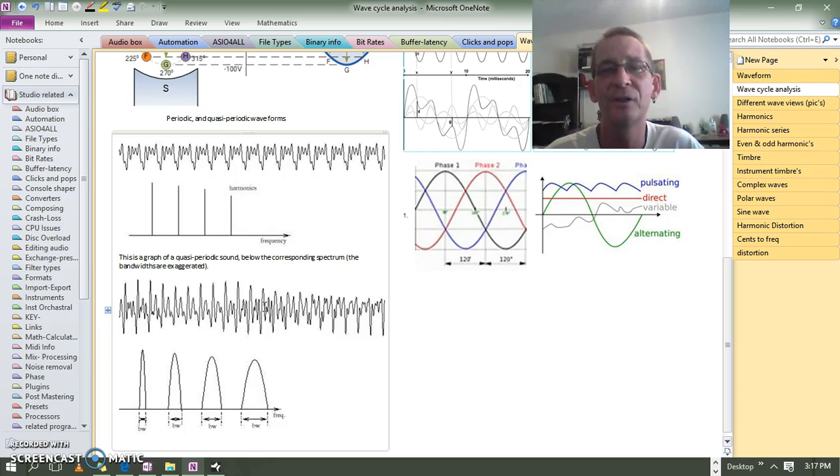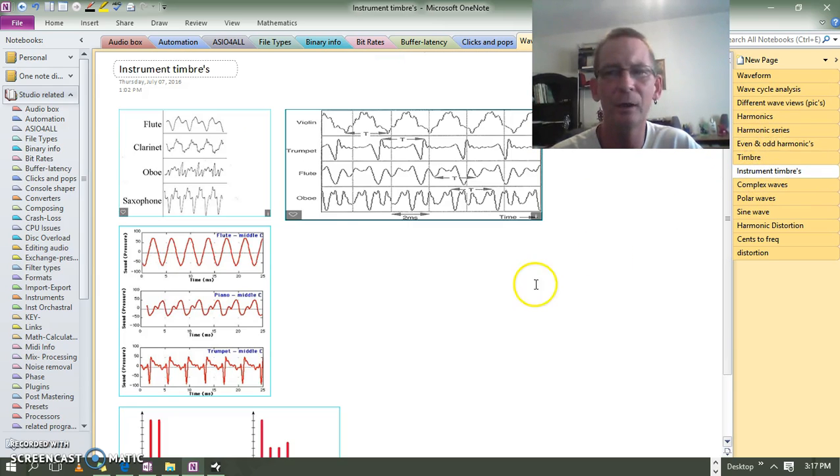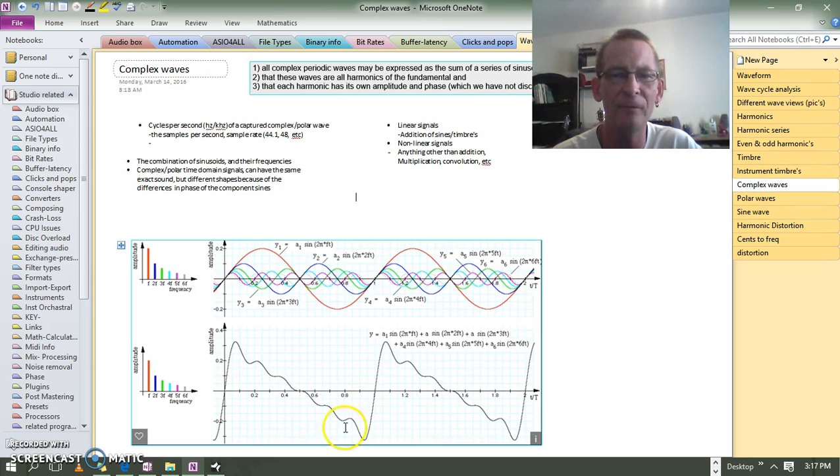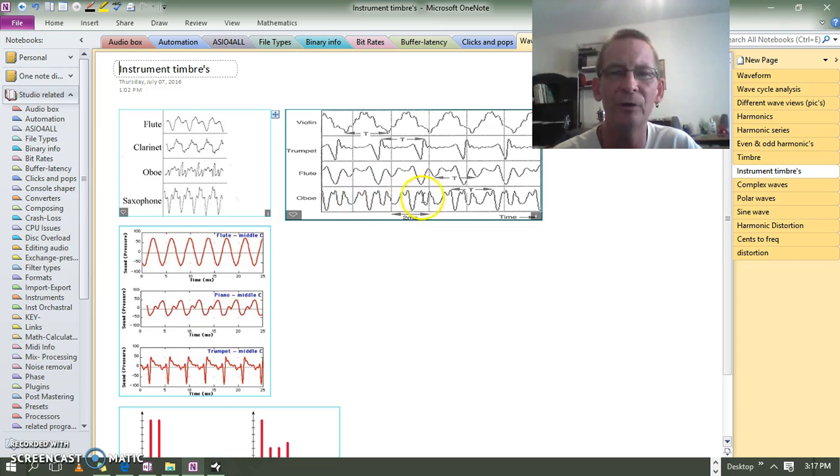One thing I want to address is phase. When you're looking at a complex waveform, any type of complex waveform, let's say the timbre of this instrument looks like this, and it looks like that on there.